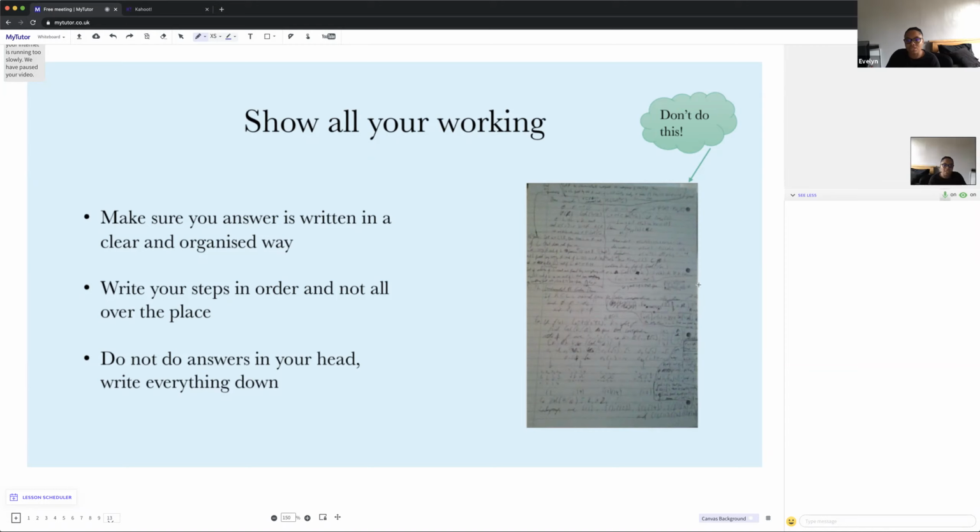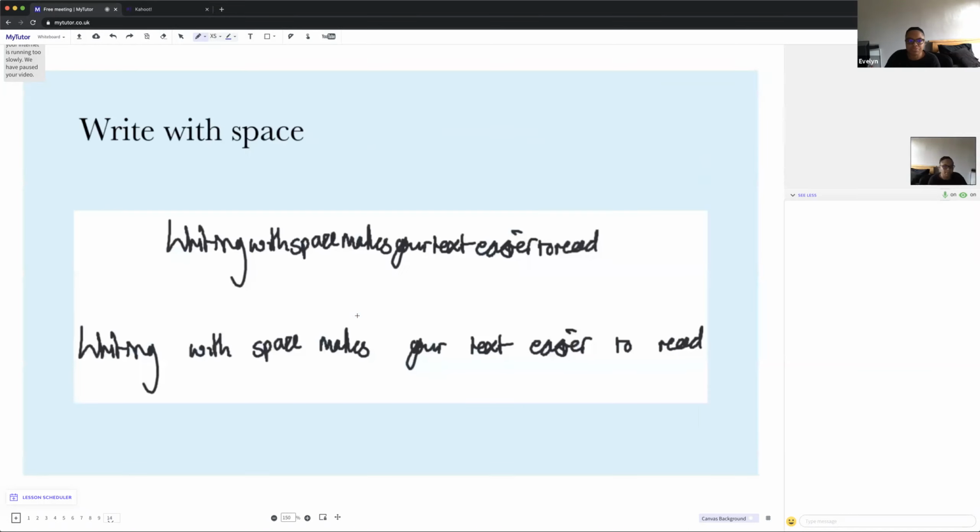I can't read this, you probably can't read this. No examiner is going to even want to read this. So make sure that it's very simple, very concise, and it's not all over the place, and it's organized. Now, the last thing before we go on to this quiz is a really, really helpful way to make sure that your writing is a little bit easier to read, is to write with space.